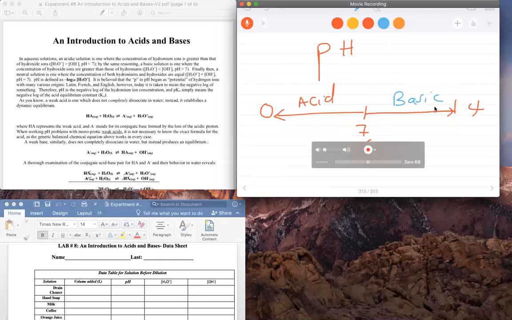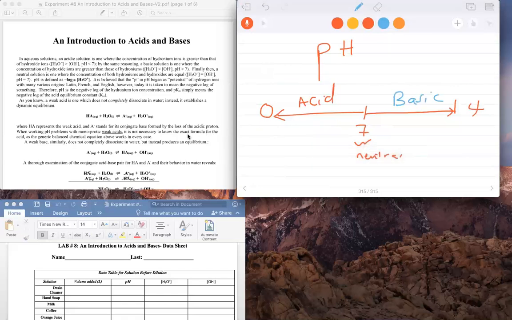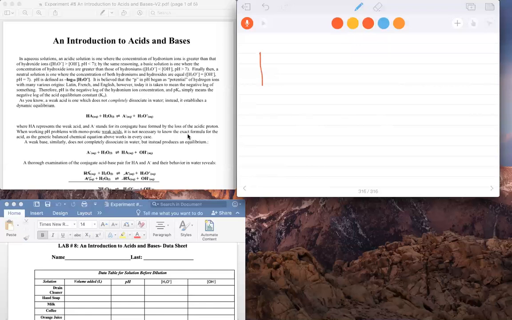The higher the pH value, the more basic the solution is. I've talked about the pH, and how do we determine the pH of a solution? If you know the hydronium concentration, the negative log of hydronium concentration gives you the pH value.